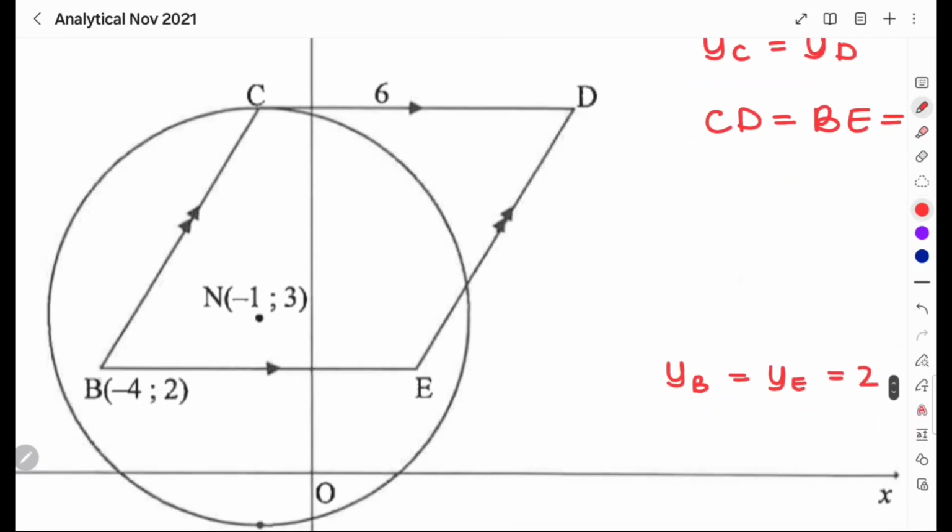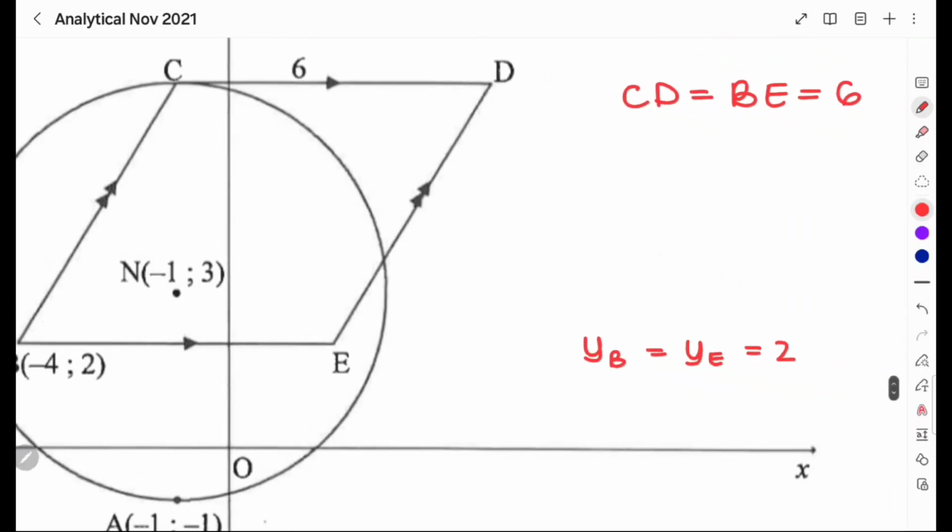Now, if BE is 6 units, that means E is 6 units away from B. So if we add 6 to negative 4, that is going to give us the x value of E. So negative 4 plus 6 is going to give us positive 2.